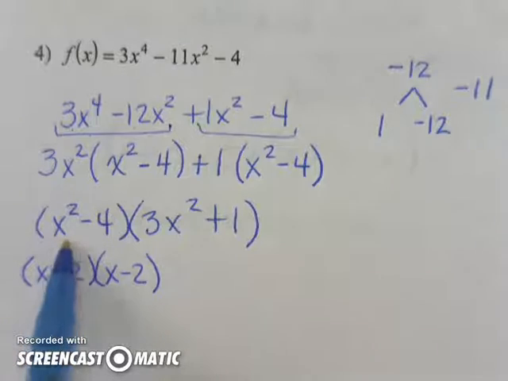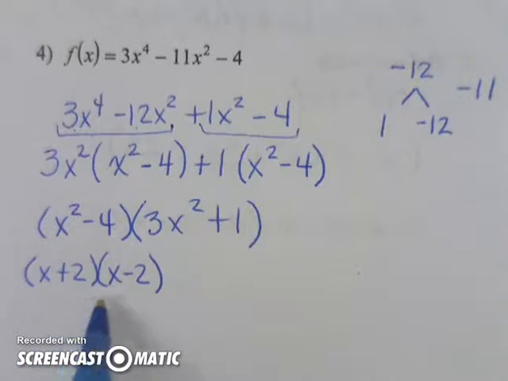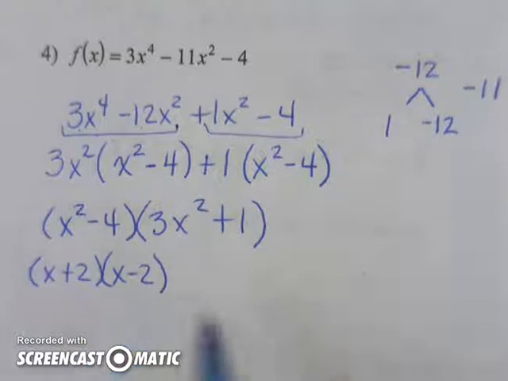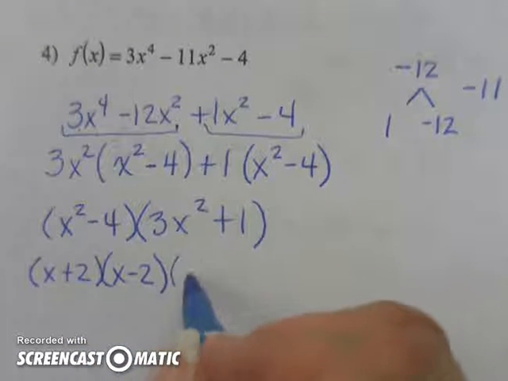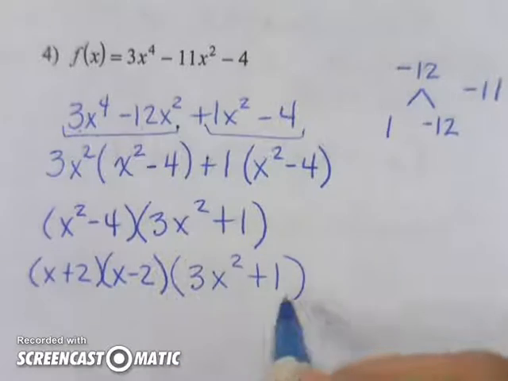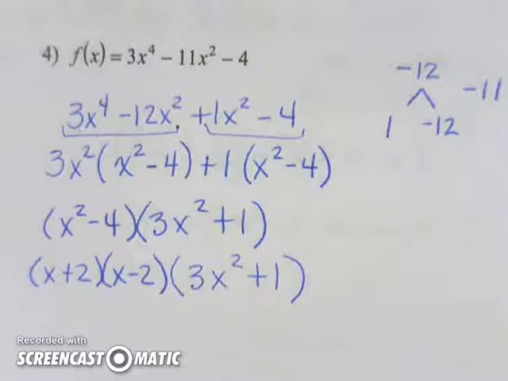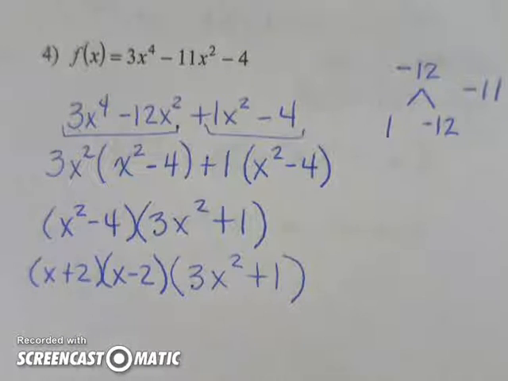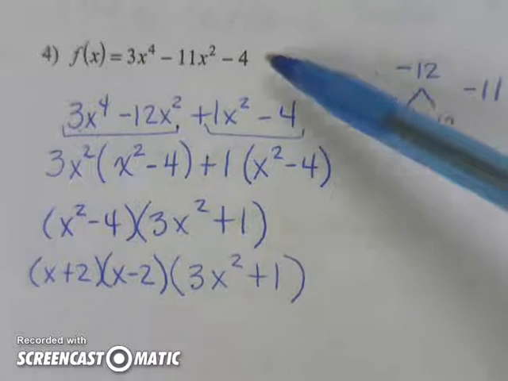X squared minus 4 will factor to x plus 2 times x minus 2. And now I need to bring my second parenthesis down and include it. Now I have factored completely my original polynomial.